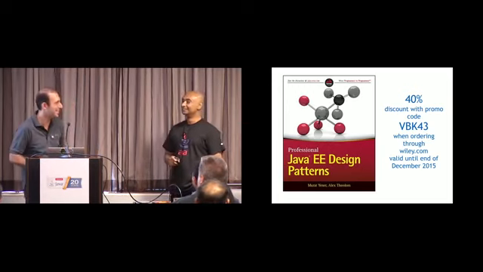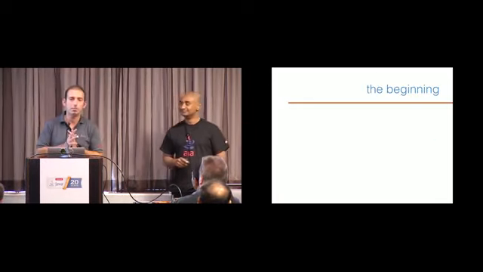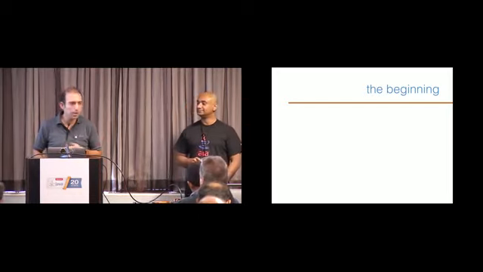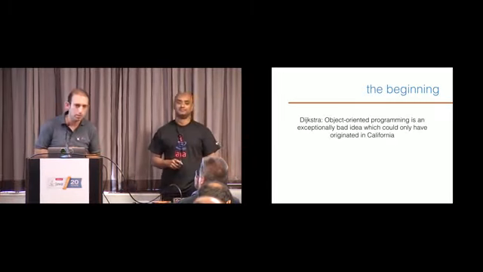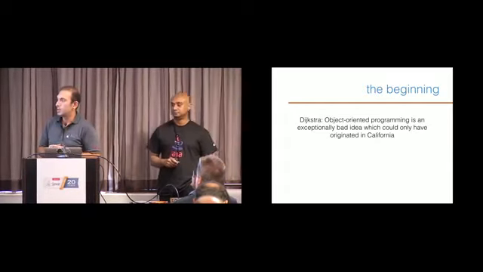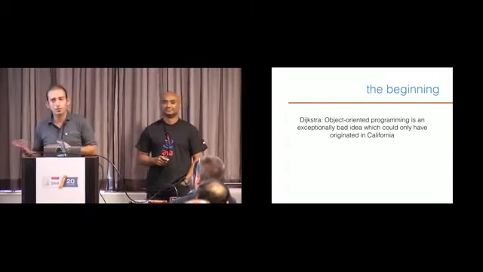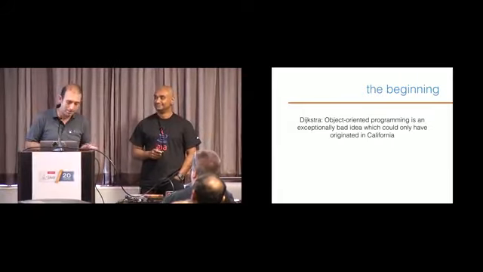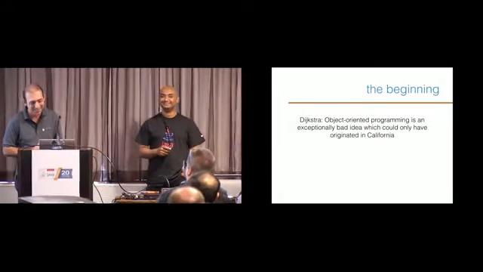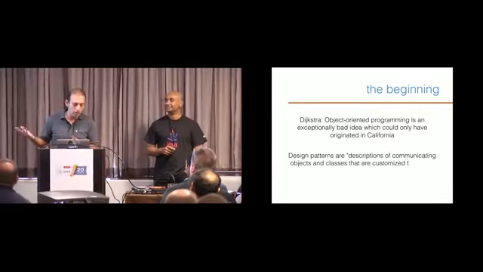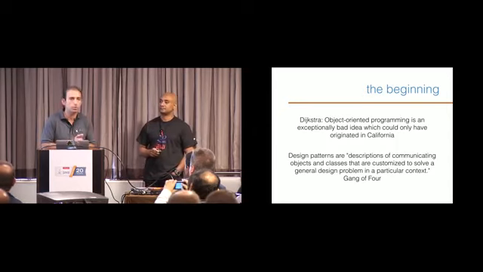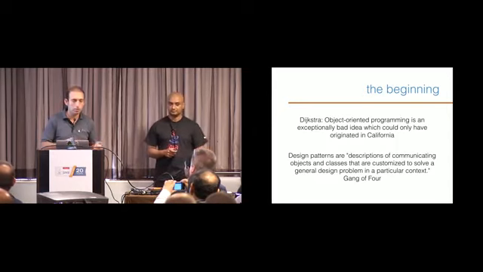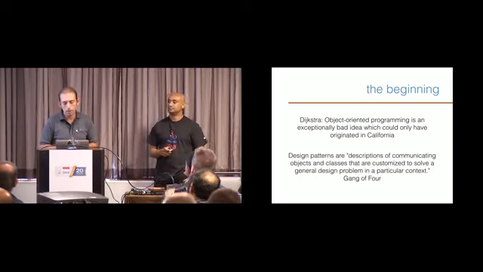So what are design patterns? How did they emerge? When you go back in history, you realize that everything started with object-oriented programming. And when you read about design patterns, you get a feeling that Dijkstra might be right, which I don't really agree with. Then the Gang of Four appeared, and they published a book which introduced the list of design patterns.